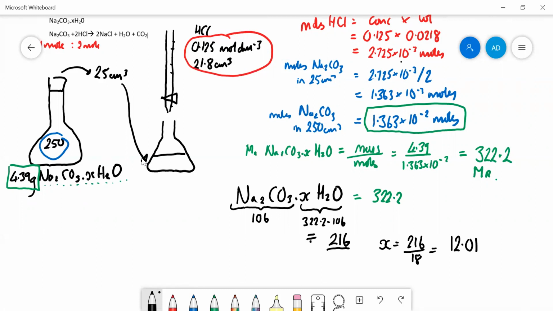Now we know that X can only be whole numbers, so we know that the value of X is 12. So our formula, the final conclusion, is sodium carbonate dot 12 H2O. That's quite a lot of water molecules for water of crystallization. I don't think there's many higher than that. Okay, so that is the answer to that.